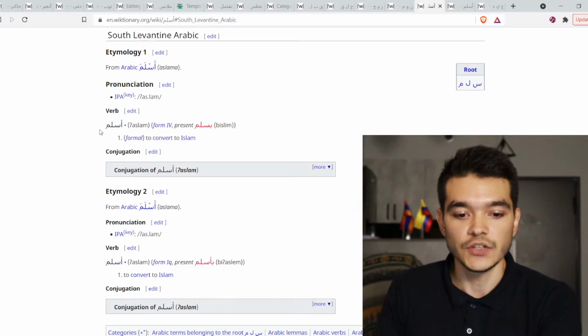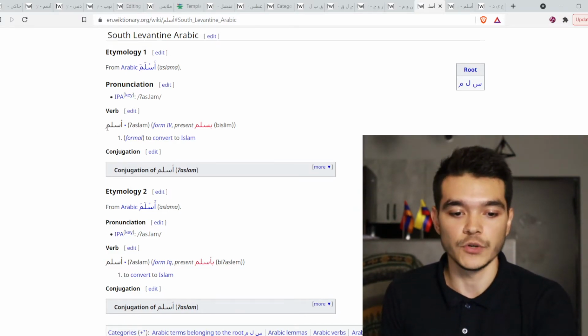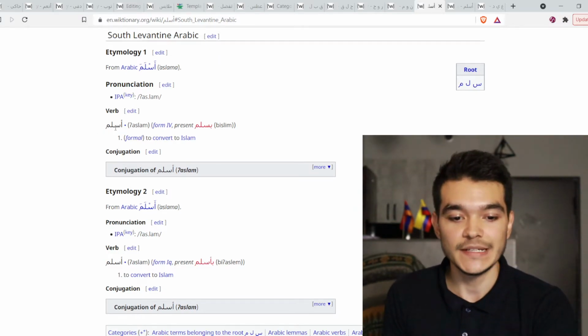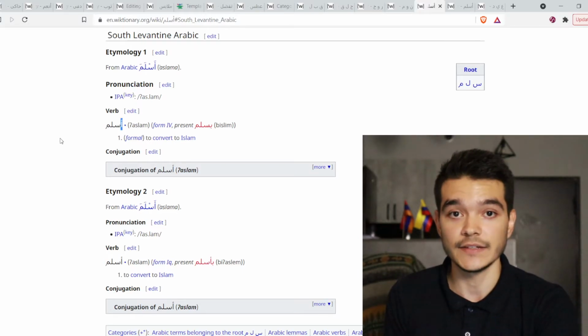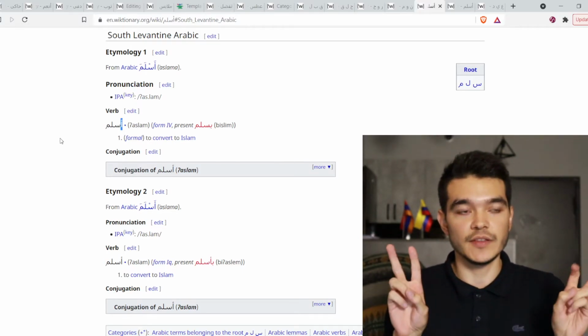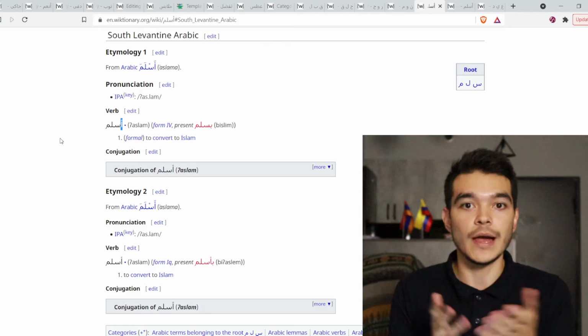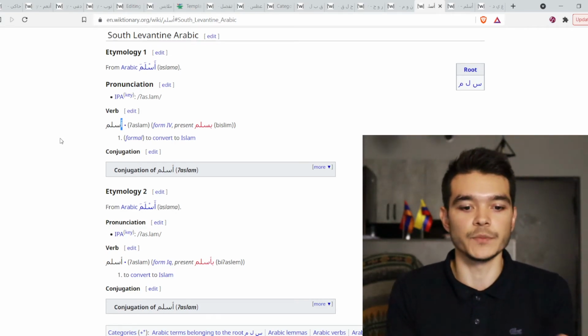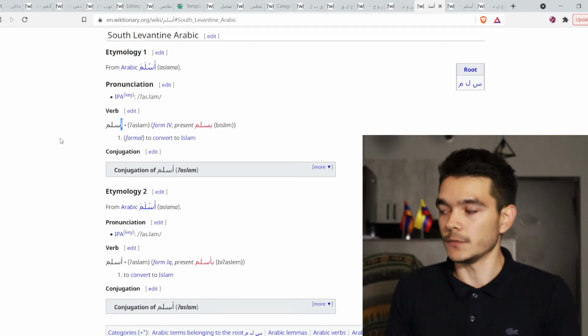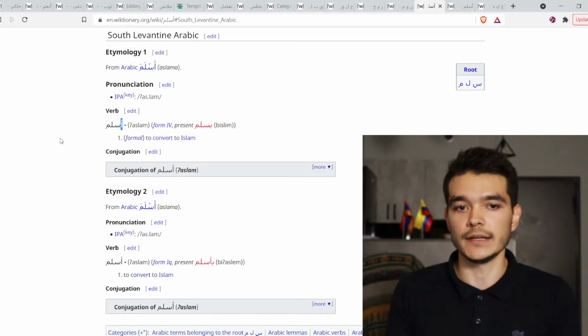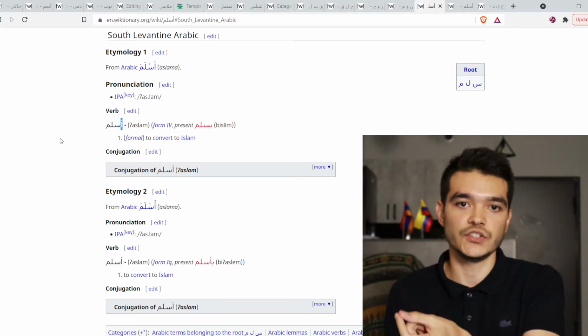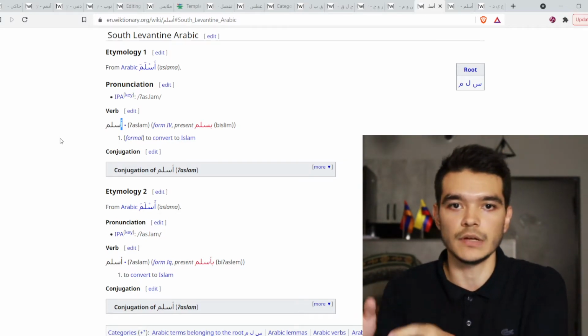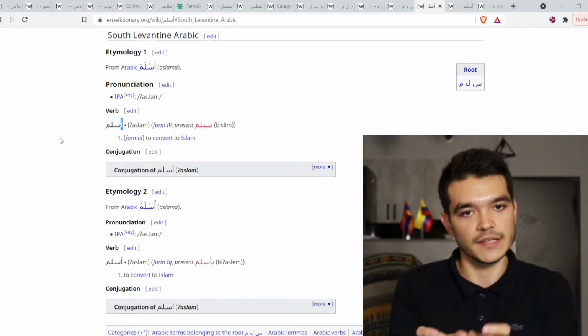It's a form 4 verb normally, aslam, which means that this hamza alif is not a part of the root, because it's just one of these morphological consonants that you add to a word because of the form. So in a form 5 verb like ithammam, the T is just morphological, you add it because of the form, not because it's a part of the root.